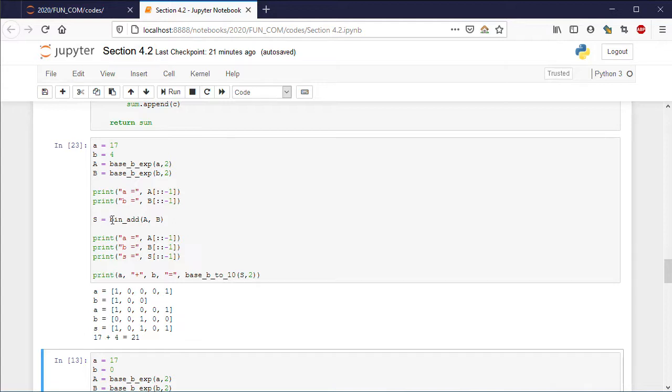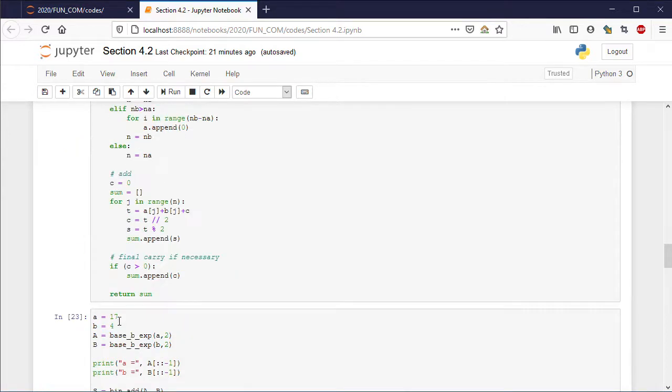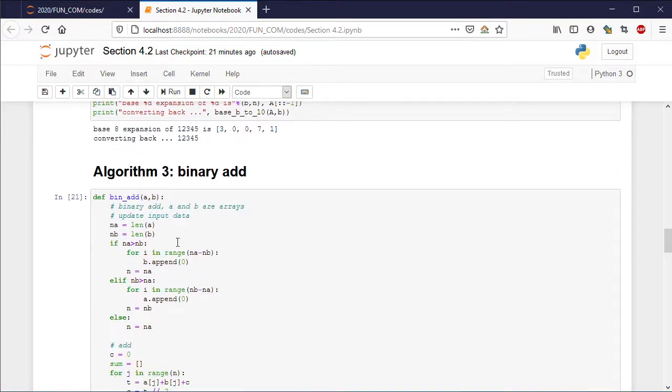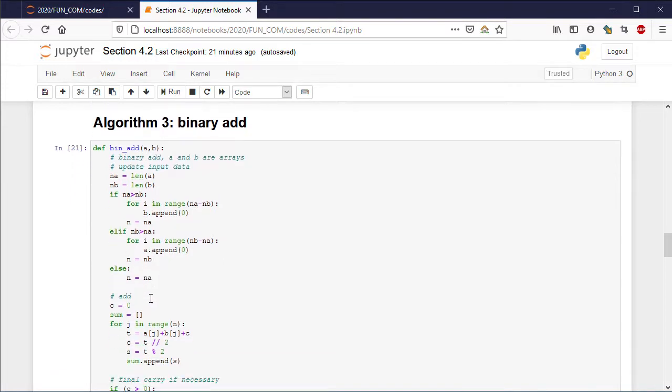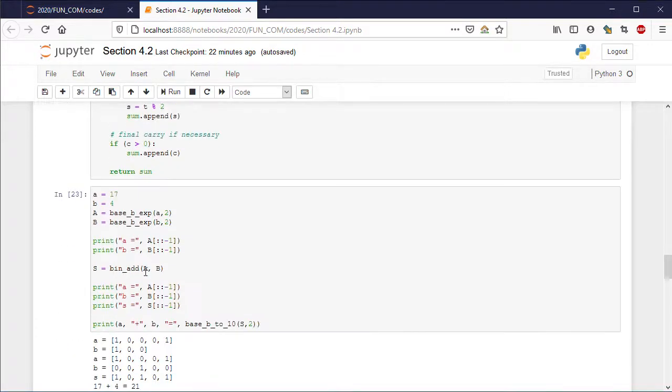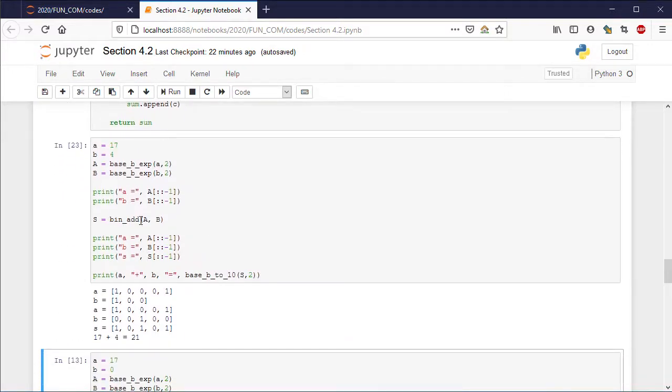So after I call this binary addition A, B, what happened is that first, these two lists will have exactly the same number of digits. I already explained this is due to the fact that I'm trying to make sure these two binary numbers have the same number of bits. So after I execute this binary addition, A in this case is the same, but for B, I append two zeros in the most significant bits.